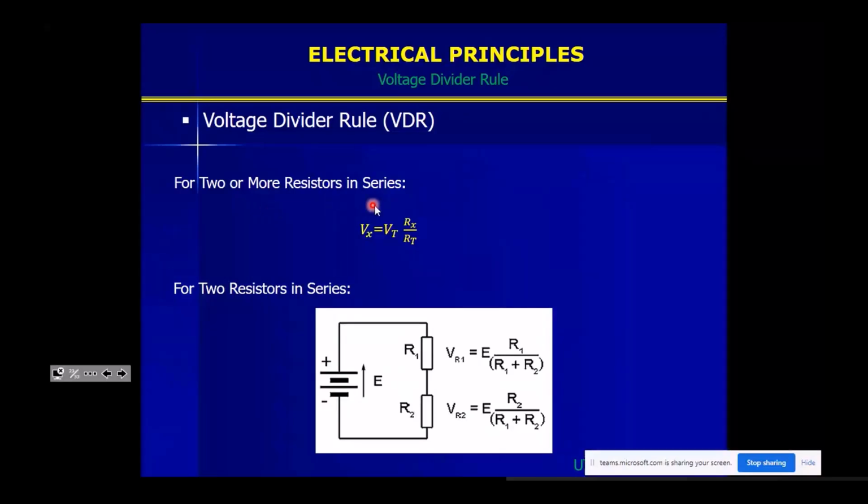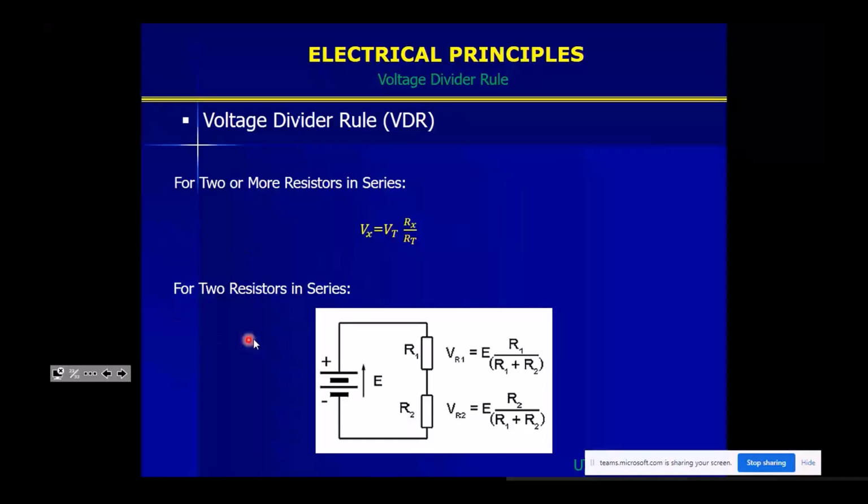For two or more resistors in series, this is the general formula: Vx, the voltage drop, is equal to Vt times the value of the resistor with respect to the voltage drop over the total resistance in series. If this is V1, this must be R1 for the x.